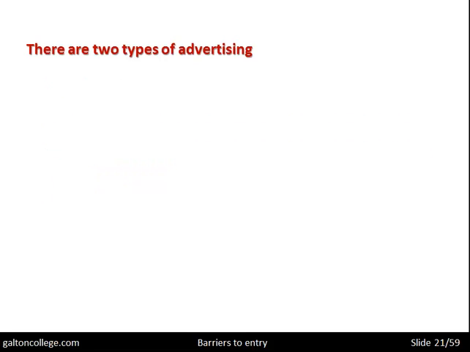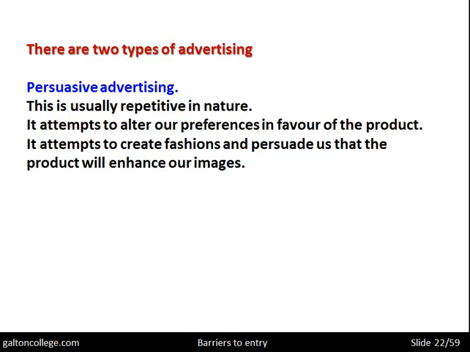There are two types of advertising. There's persuasive advertising. This is usually repetitive in nature. It's persuasive. They're trying to persuade people to buy. It attempts to alter our preferences in favor of the product. It attempts to create fashions and persuade us that the product will enhance our images. So this is relying on image. It relies on our perception of the product. It persuades us that this product is superior.